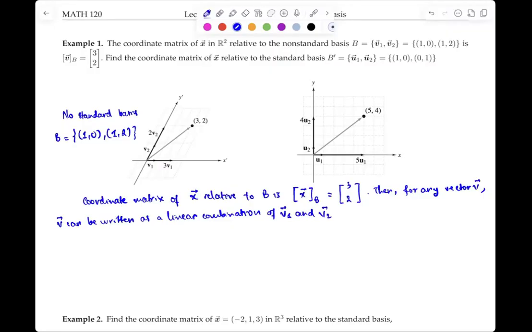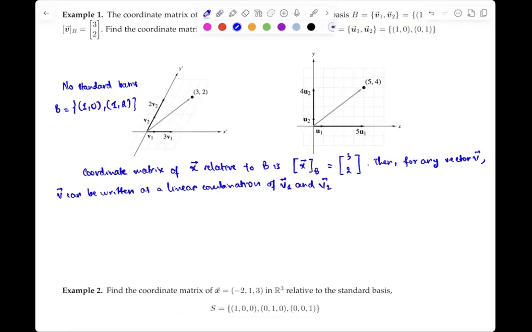So that's by definition. So V is equal to 3 times 1, comma 0 plus 2 times 1, comma 2. Well, now you distribute the 3 and the 2, you have 3, comma 0 plus 2, comma 4. Add them together, you have this to be 5, comma 4.